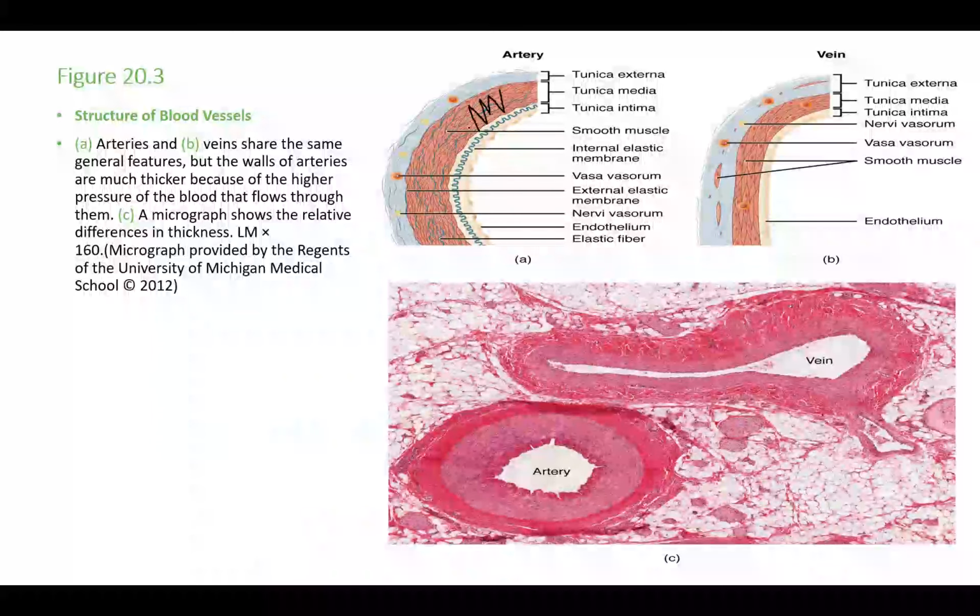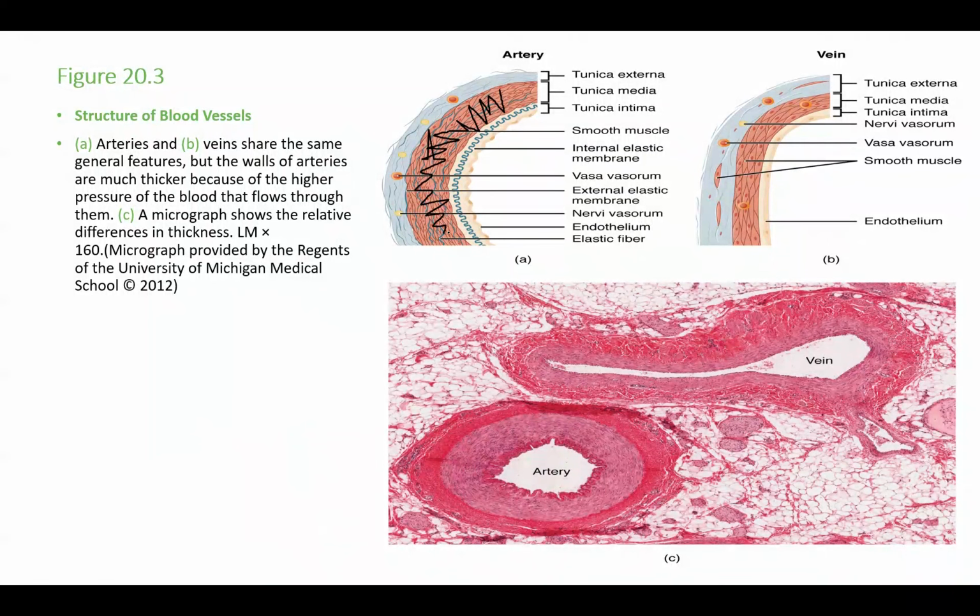Because the function of the artery is to distribute, to carry the blood into the tissue, and they require bigger muscles in order to distribute the blood to different tissues. Whilst if you see over here, the vein has a smaller muscle. So they don't really distribute the blood. They just receive the blood from the tissue and return it back to the heart.